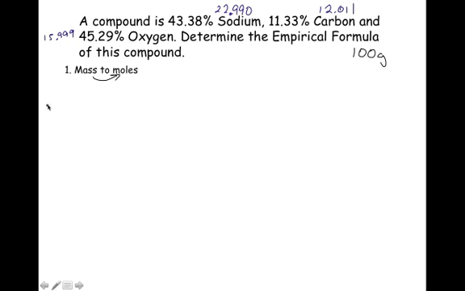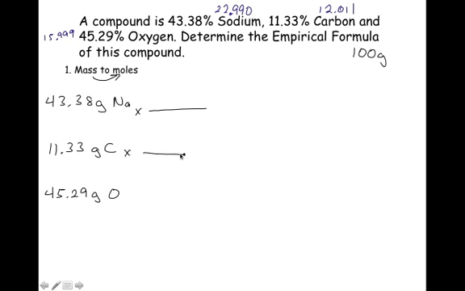So let's do that. We have 43.38 grams of sodium, 11.33 grams of carbon, and 45.29 grams of oxygen. Now we're going to convert all of these into moles by using the 1 mole equals the molar mass conversion.